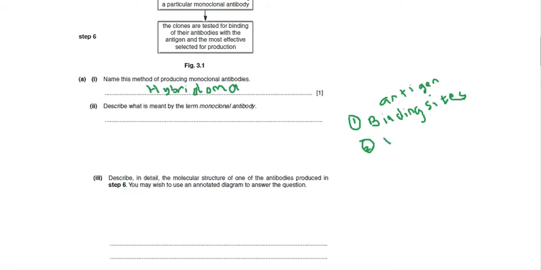In short, these are the characteristics, but the main thing to mention when we are told to define monoclonal antibodies is that these are the ones that are completely identical. Why are they identical? Because they are produced by cloning.